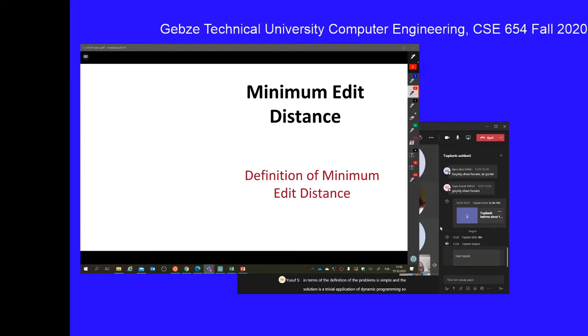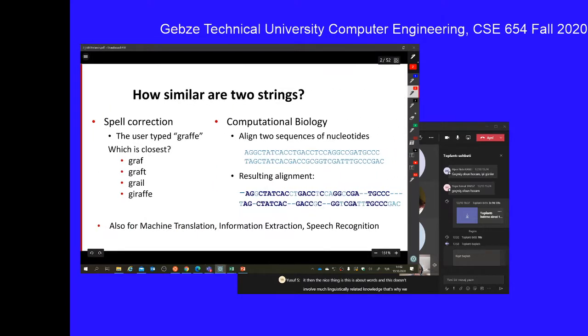So that means it's a good candidate to start to see what kind of NLP applications we are going to deal with. That's why we started doing it. And the nice thing is this is about words, and this doesn't involve much linguistically related knowledge. That's why we started talking about it.